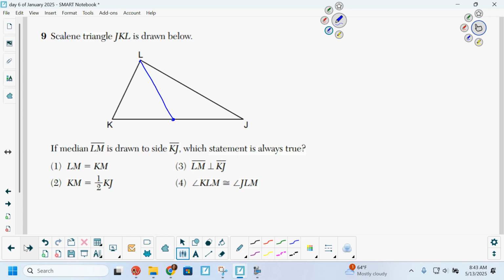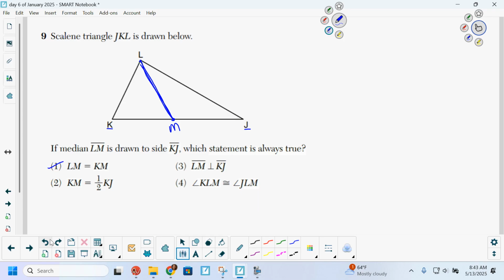So this is median LM, and it's drawn to side JK. So which statement's true? The first one is LM is equal to KM. I don't have any reason why that would be true, so I'm thinking that's no.